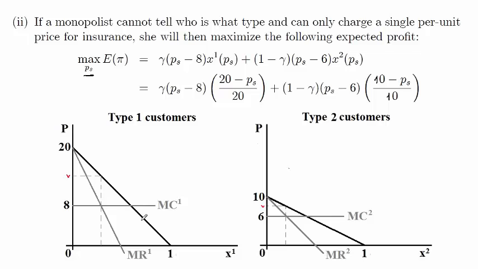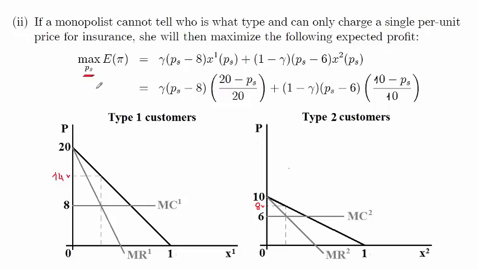Well, economic intuition tells us that this price must be somewhere between this price, which is going to be 8 here, and this price, which, if you do the calculations correctly, is 14. So the profit maximizing price, PS, is going to be somewhere in between 8 and 14.